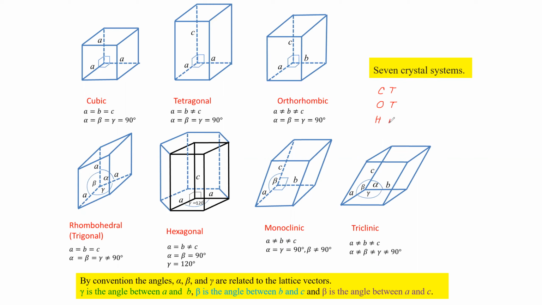H, but now we have H, M, T. H stands for hexagonal, M stands for monoclinic, and T stands for triclinic.